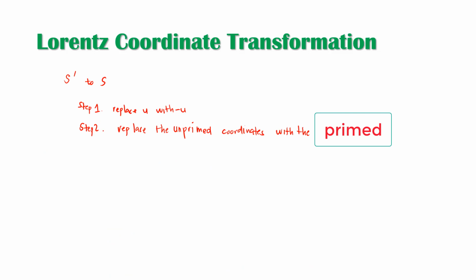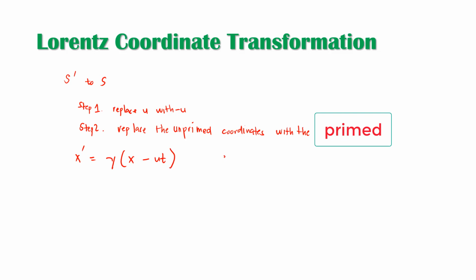Okay, so to relate the coordinates from S prime to S, we just have to apply these steps. This has been discussed in the previous lecture video. So step 1, replace u with minus u. And then step 2, replace the unprimed coordinates with the primed. So in the previous derivation, we have obtained x prime is equal to gamma times x minus ut.